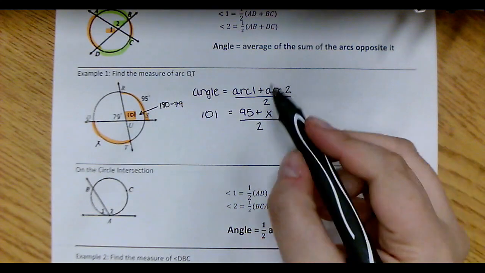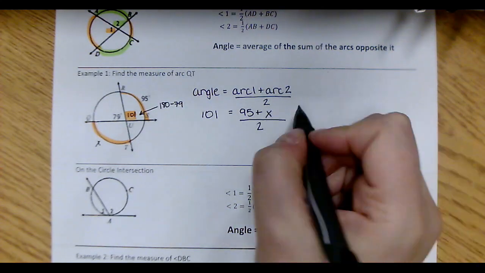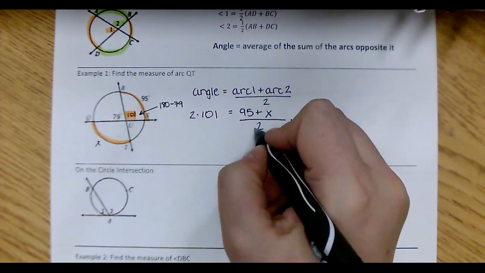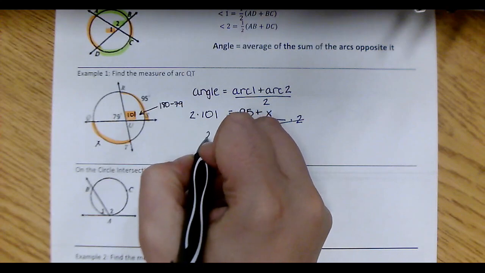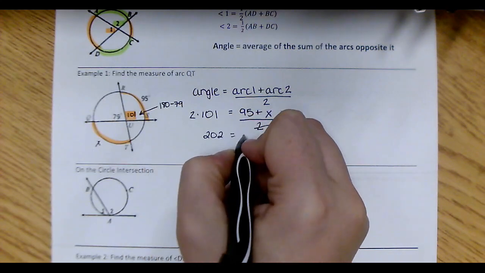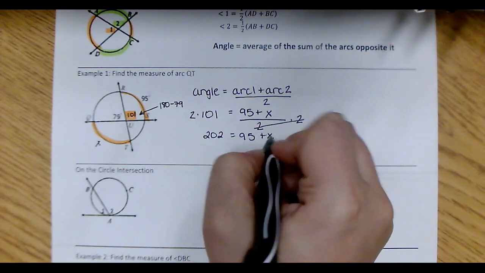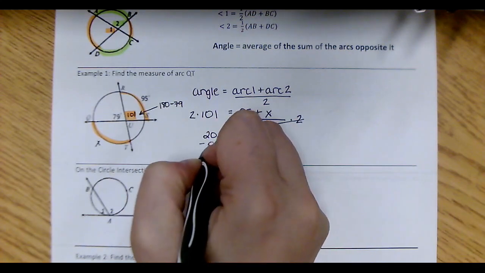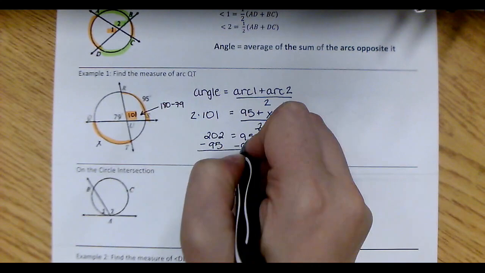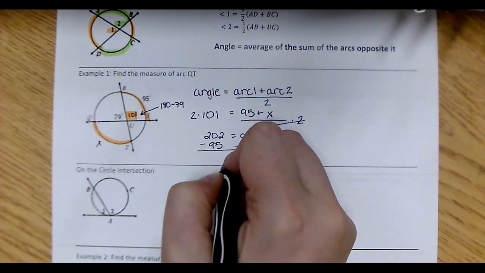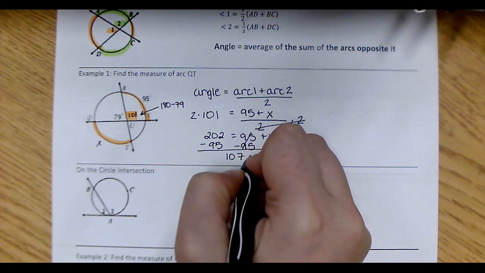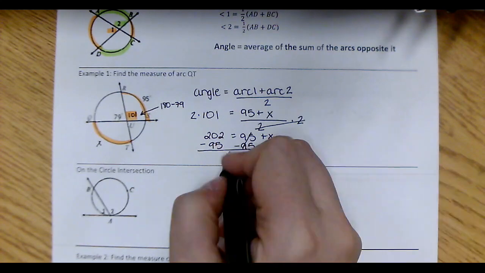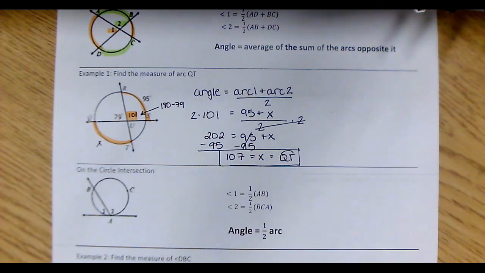That's preventing me from actually getting access to where X is. So I'm going to multiply both sides by 2. So I get 202 equals 95 plus X. And one last thing, I'm going to subtract 95 from both sides. So in the end, I'll get that my value for X, which is my arc QT, is going to be 107.